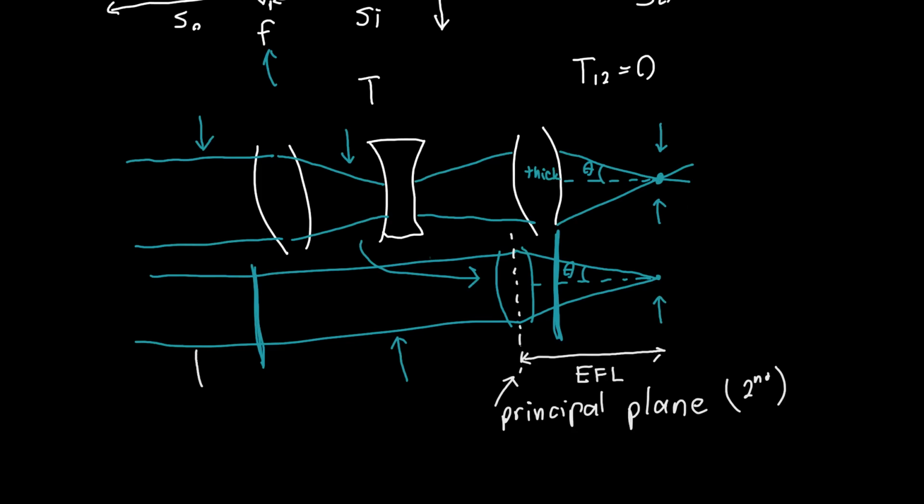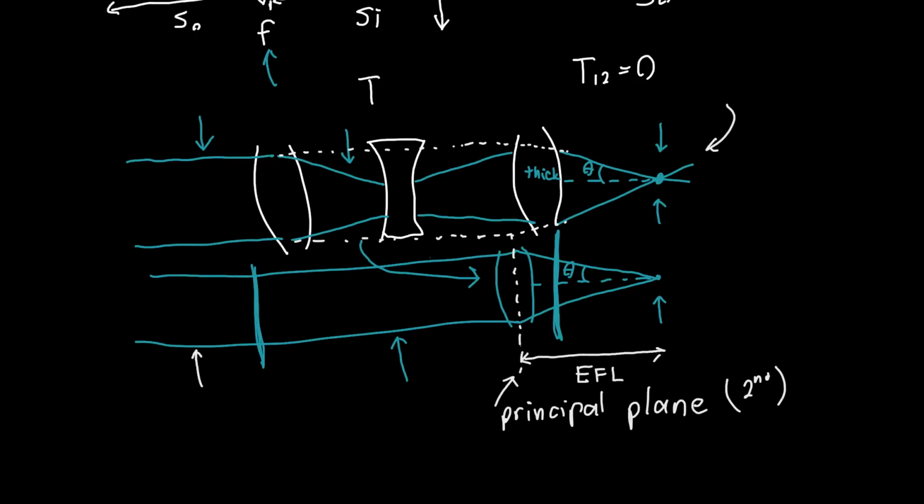Well, we said these systems should look exactly the same from the outside, and so we should have something that looks like parallel rays until we hit the principal plane, at which point our parallel rays should start converging and acting like they're the rays from the first system.